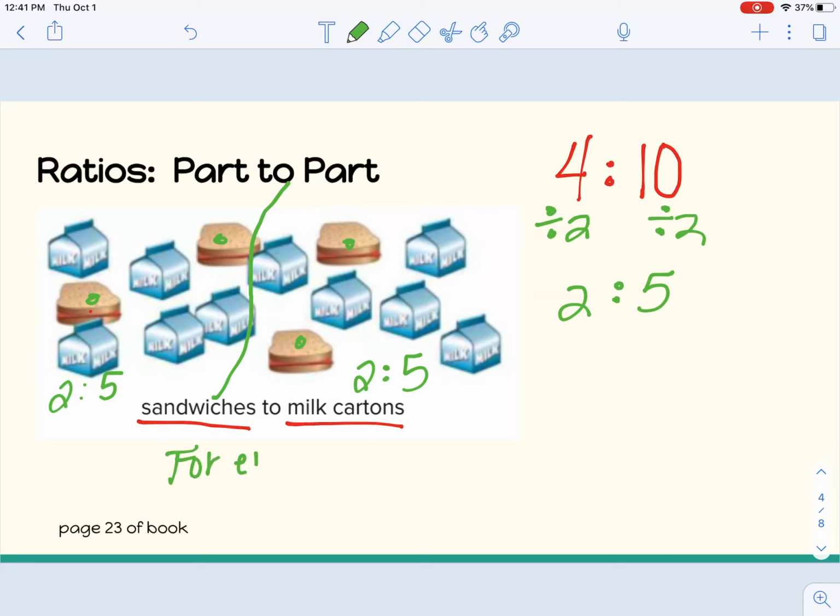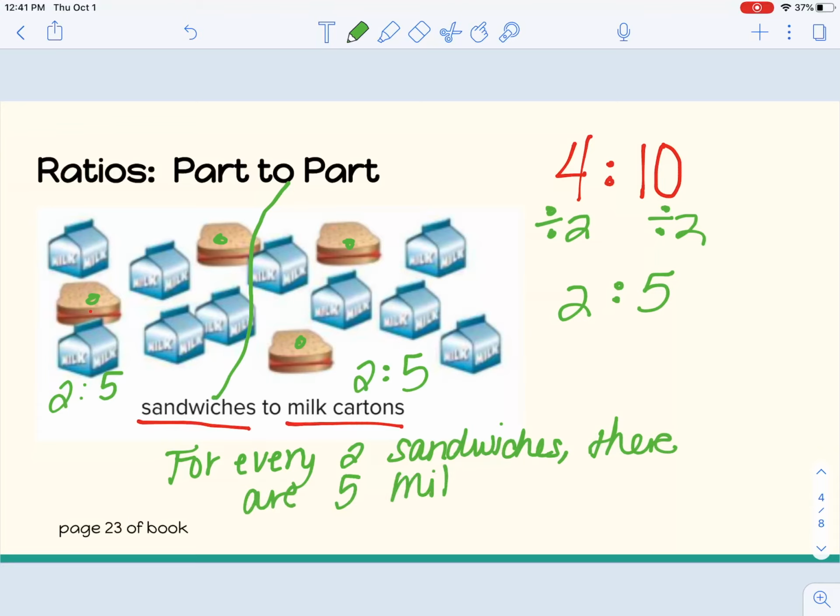So, for every 2 sandwiches, there are 5 milk cartons. That is the explanation of the simplified ratio.